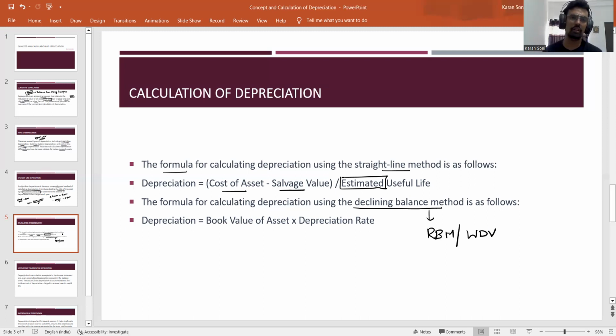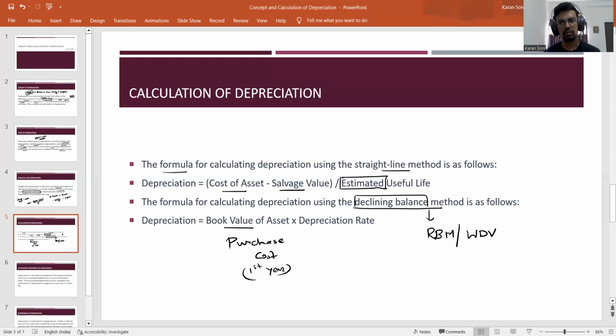So just for your reference, I'll tell you the formula for calculating depreciation using declining balance method. It is the book value or the purchase price, purchase cost for the first year only. After that, it will be book value for after years.